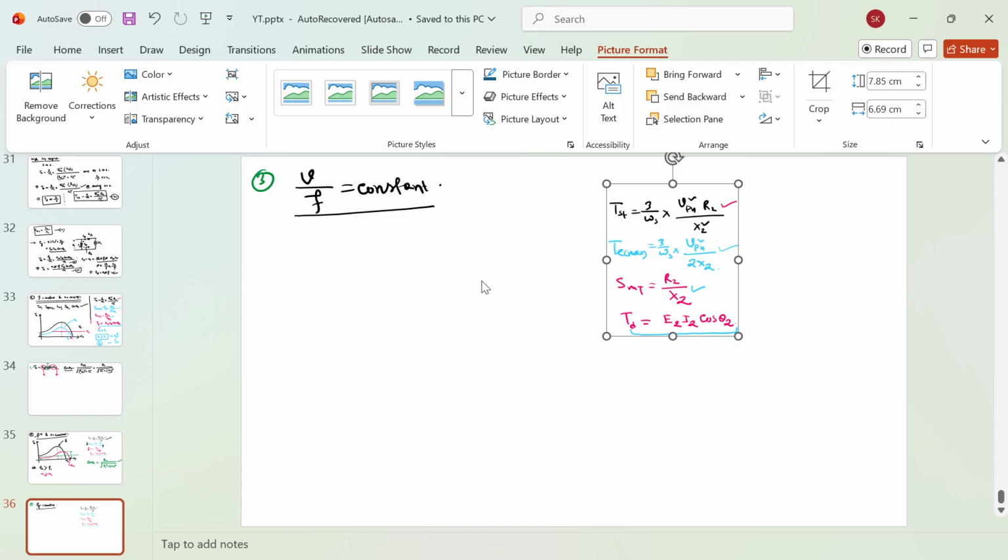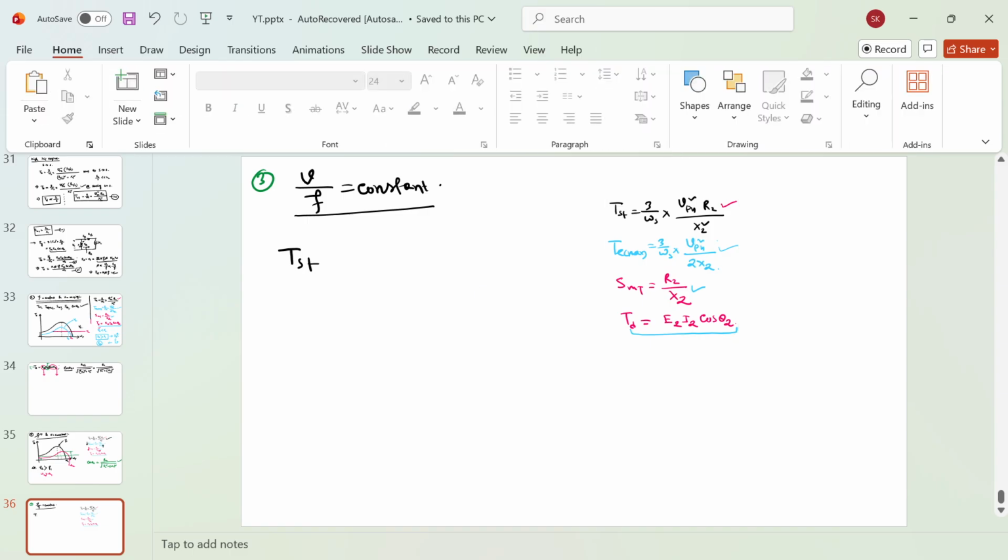See, if you see the starting torque, starting torque is 3 by omega s into V phase by x2 whole square into R2. This omega is proportional to frequency, correct?